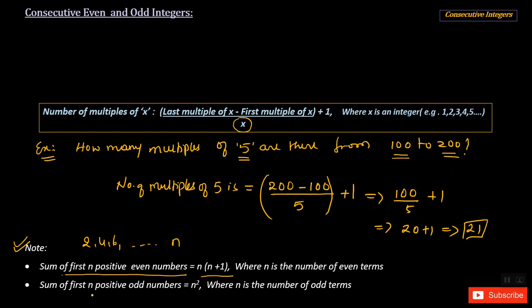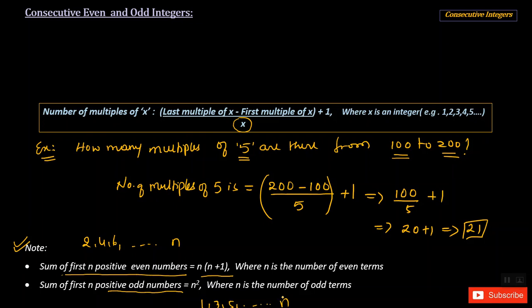In the same way, we can also find the sum of first n positive odd numbers. So we can find by using this rule. So that 1, 3, 5, 7, isn't it? So the first n positive odd numbers. So if they say what is the sum of first 50 positive odd numbers, so your number is starting here from 1, 1, 3, 5 till the last term, where the last is the 50th term.